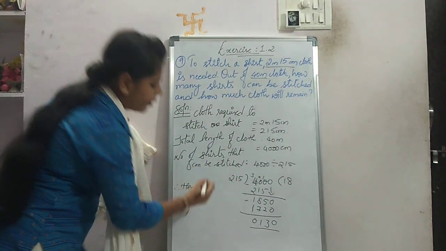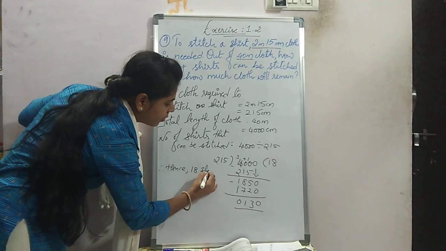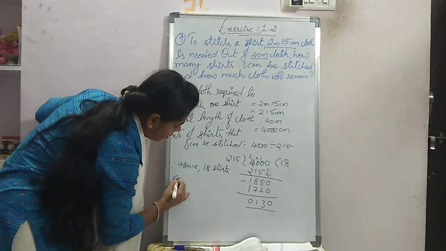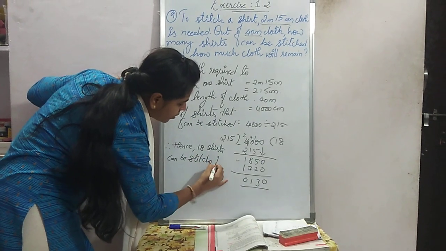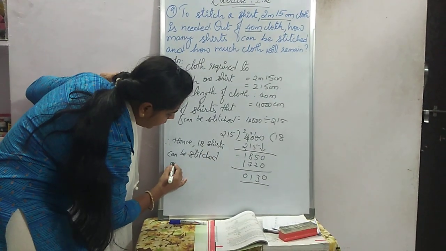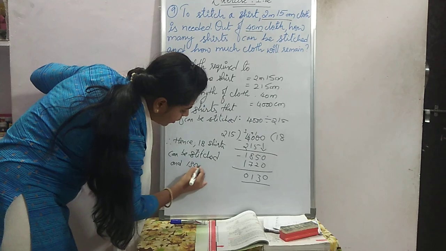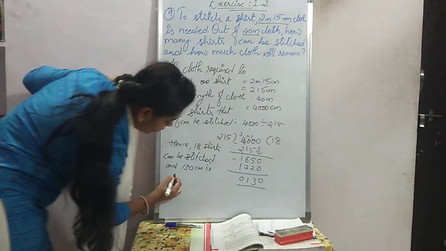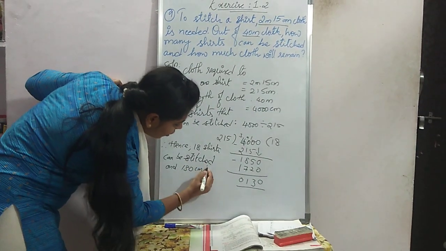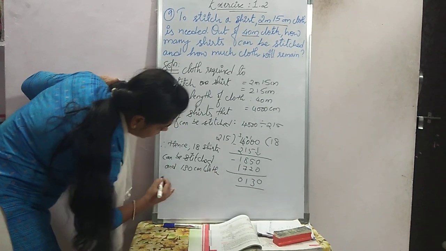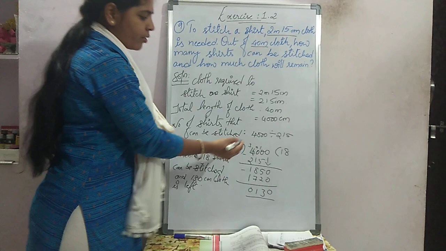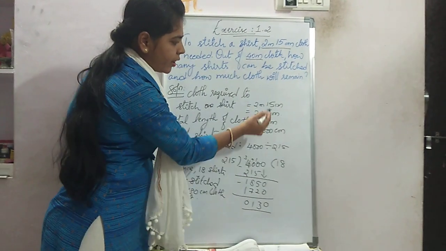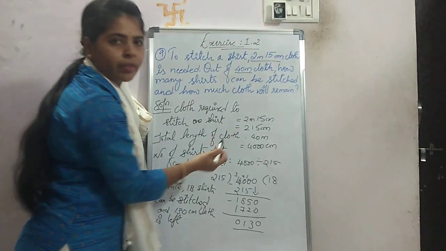And hence 18 shirts can be stitched and 130 centimeter cloth is left. And as we have seen, we have converted into centimeter, but the question was given in meter.